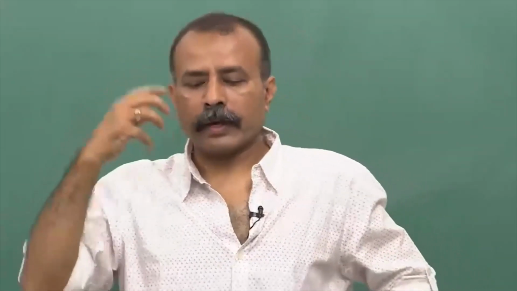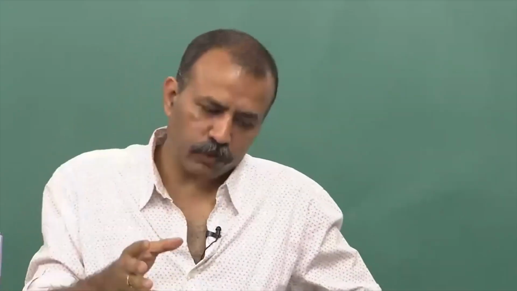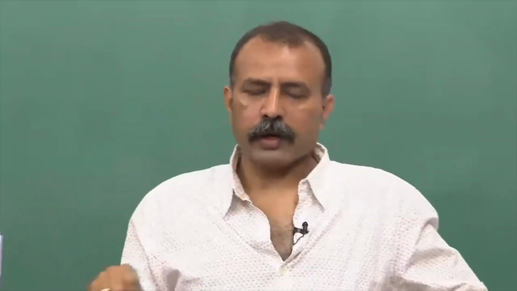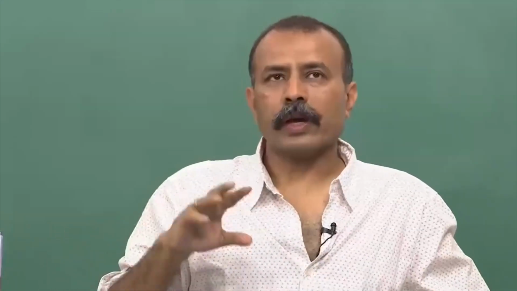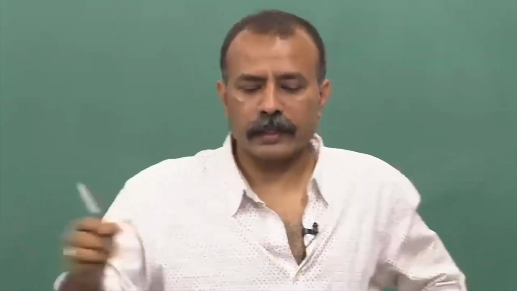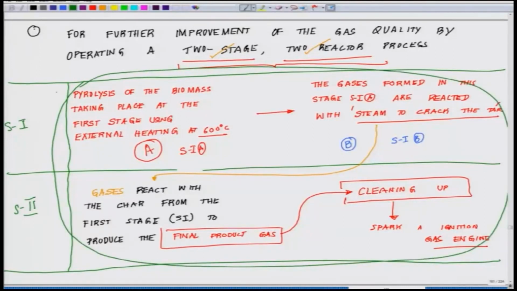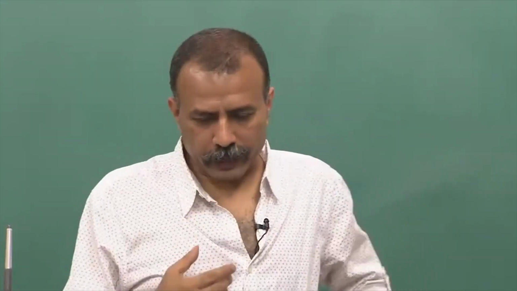You first do the pyrolysis and pick up the gas, that gas is reacted with the steam to further break up the tar, then using that gas with broken up tar, you produce the next level of gas. And at the end you clean it up. This is one of the strategies suggested fairly late, around 1995, 96, almost 20 years ago, and people are working towards it in order to increase the efficiency of these kinds of reactors.